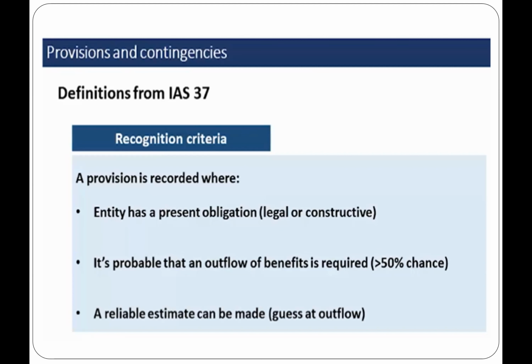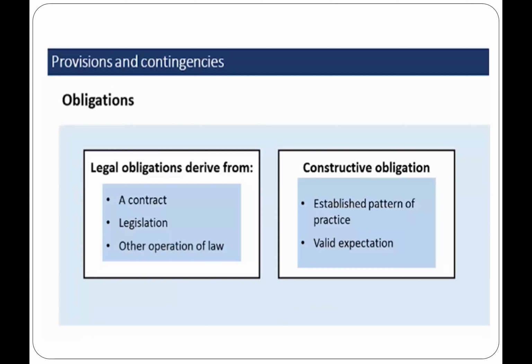The obligation could be legal or it could be constructive. I want to explain from this perspective. When you're talking about a legal obligation, we are saying you are obliged at law to settle a certain obligation or to pay a certain amount of money in the event that something happens.